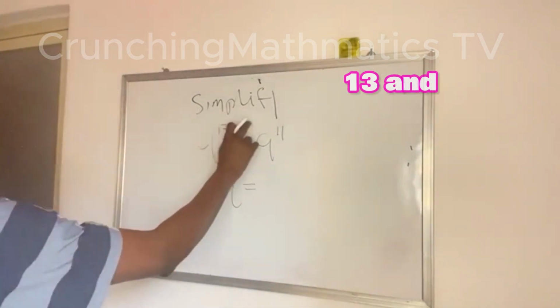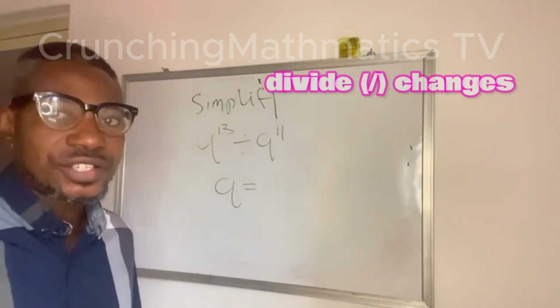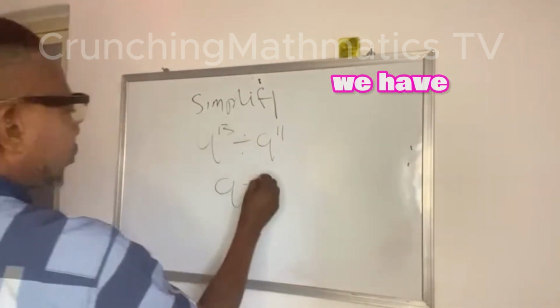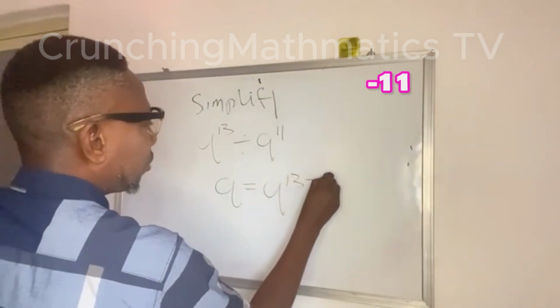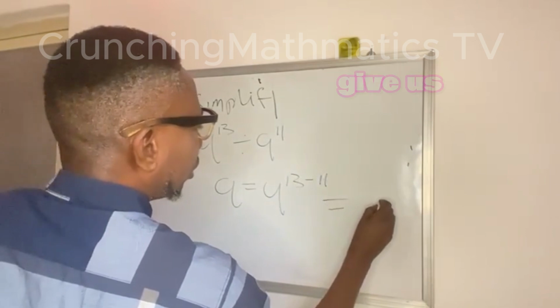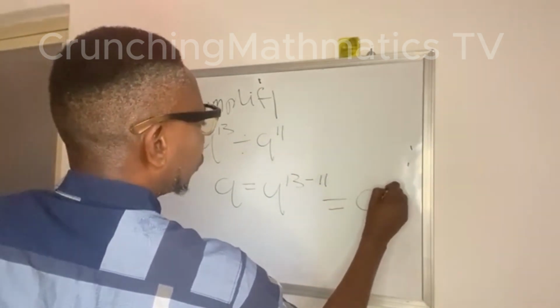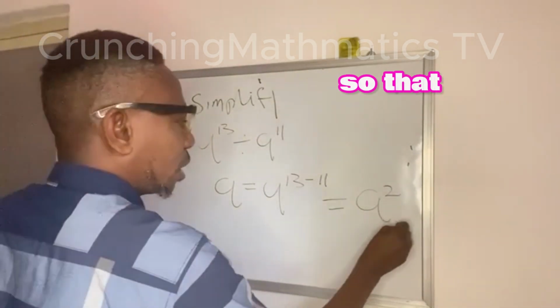We have 13 and 11. According to the law of indices, divide changes to minus. So 13 minus 11 is 2, giving us a raised to power 2. So simple as that.